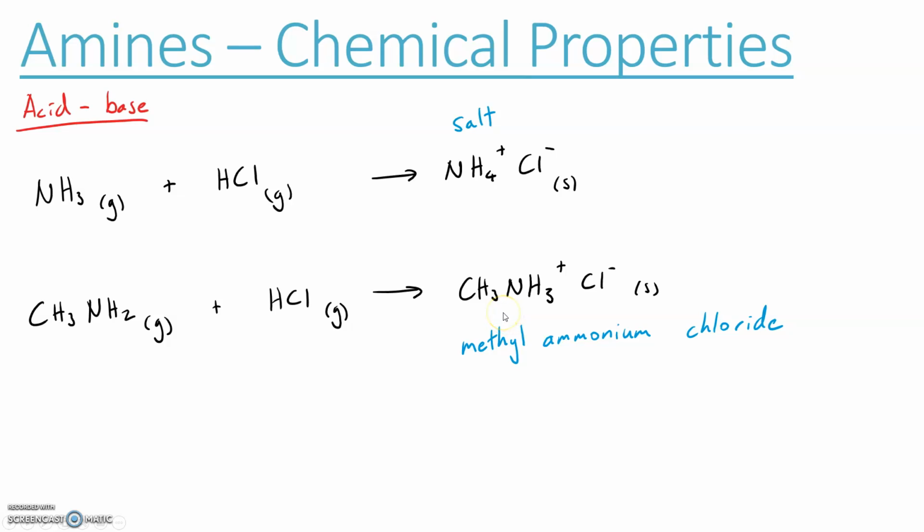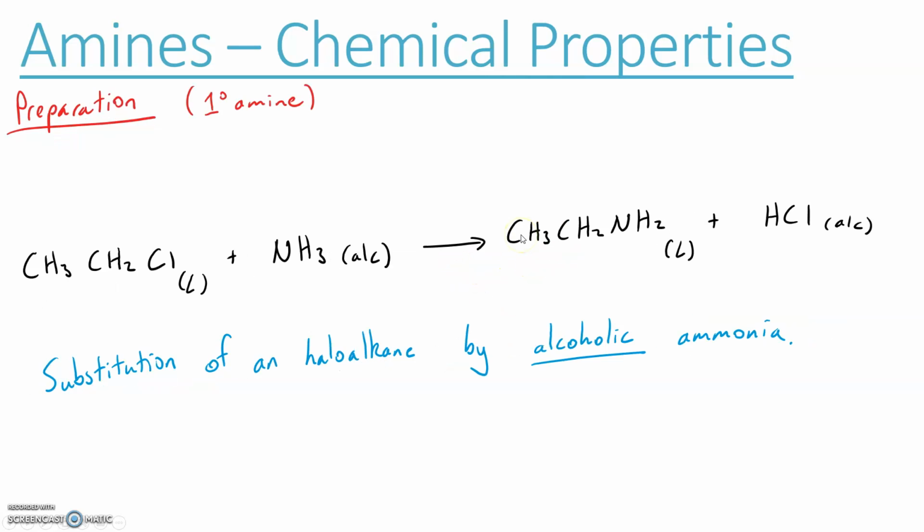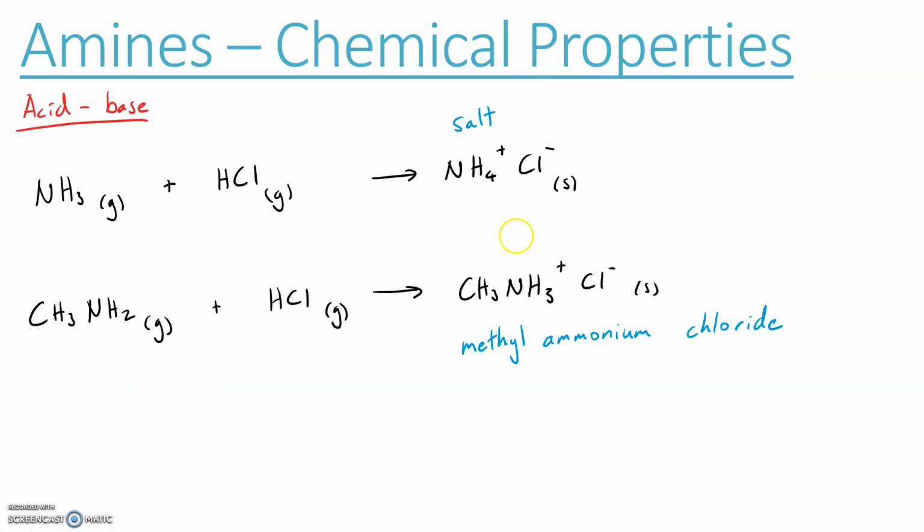So instead of methanamine, we get, like we said back here, an alkyl ammonium ion, and we get the chloride coming from the HCl. So basically it's this gaining a hydrogen to become a positive ion, and the chloride joining that cation. So methyl ammonium chloride, the salt.